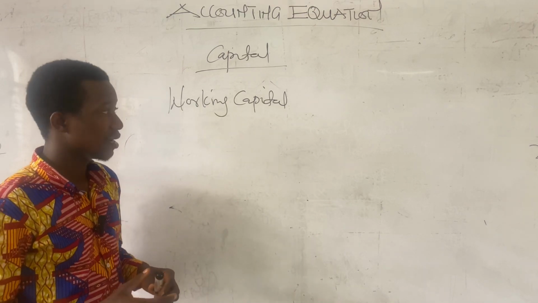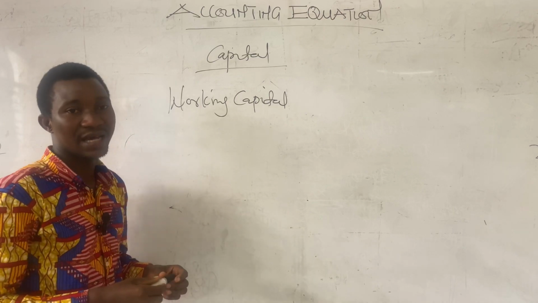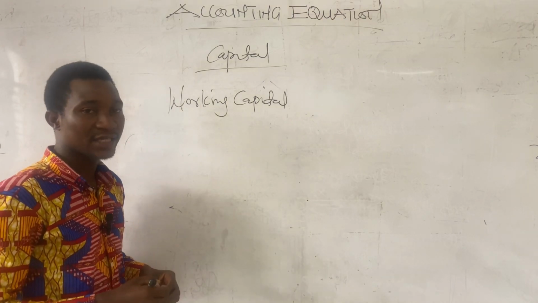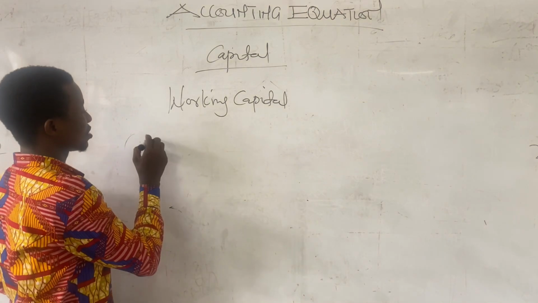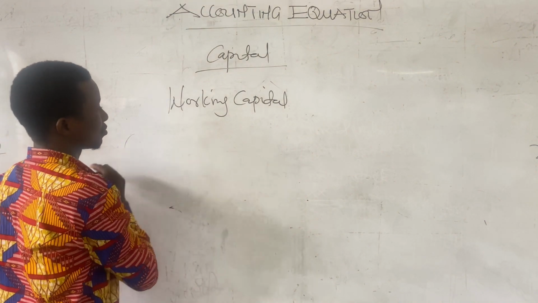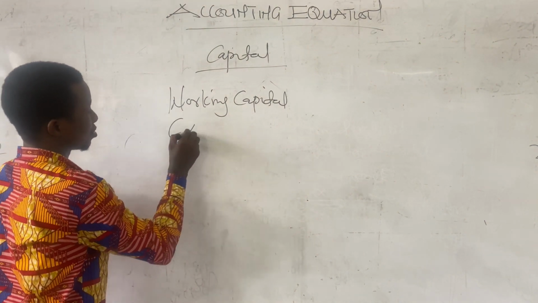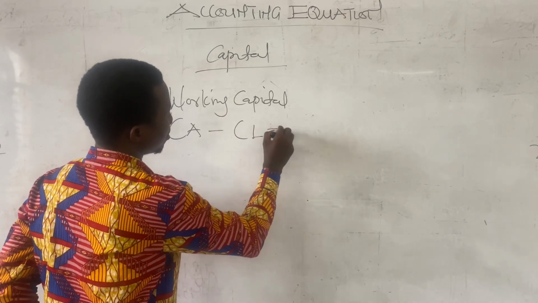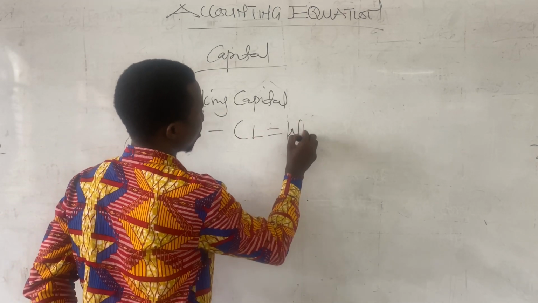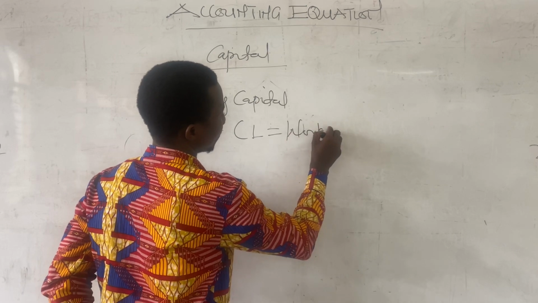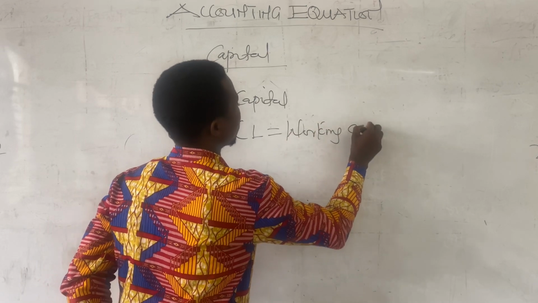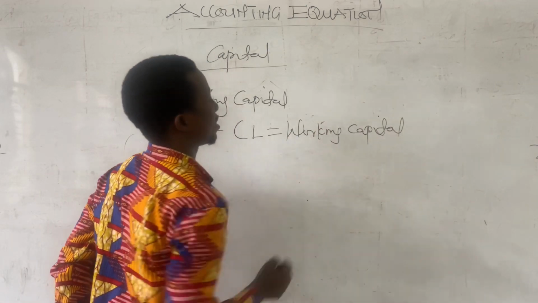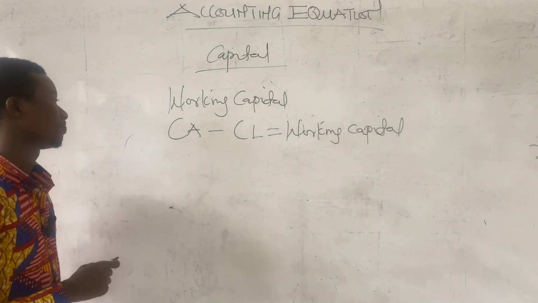In other words, it is the excess of the current assets of the business over its current liabilities. So I will say that current assets minus the current liabilities is equal to working capital, in simple terms. Is that okay?